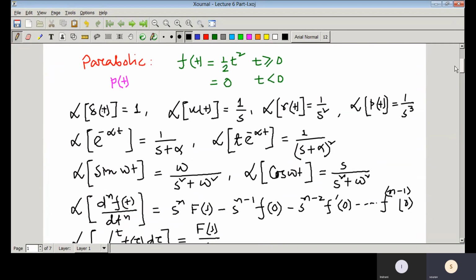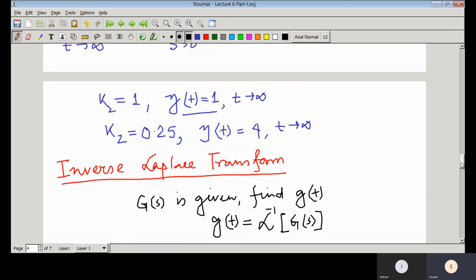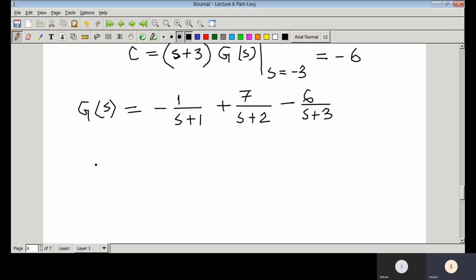So using these formulas, you can directly find that this g(t) is -e to the power -t plus 7 e to the power -2t minus 6 e to the power -3t.